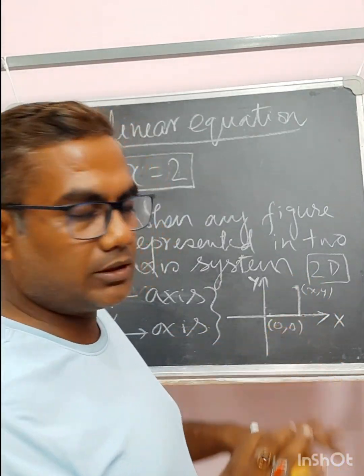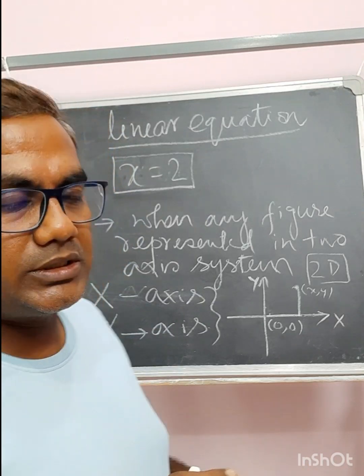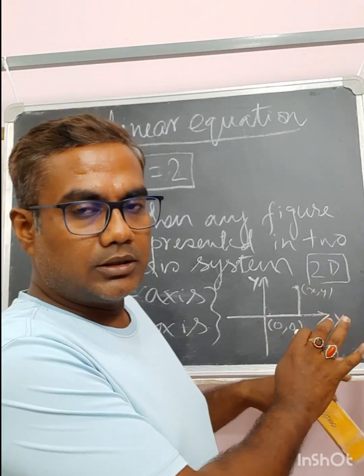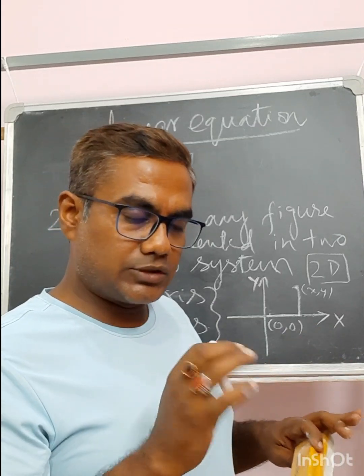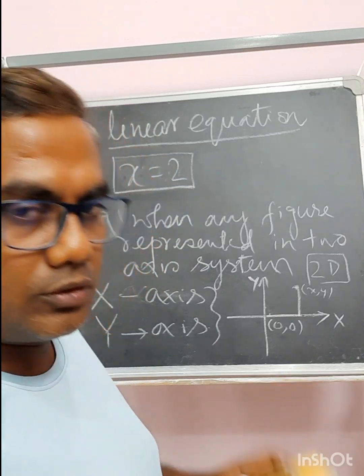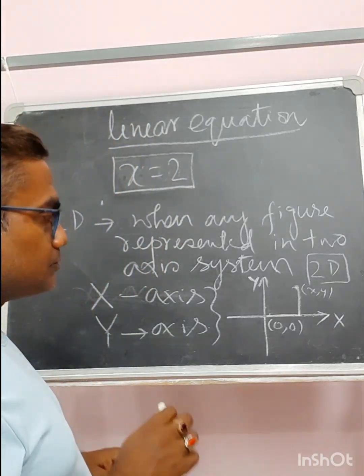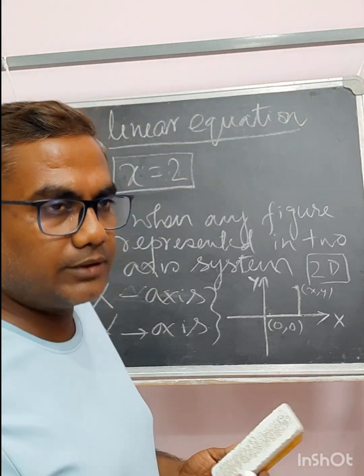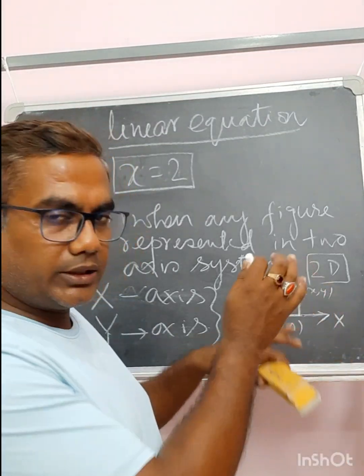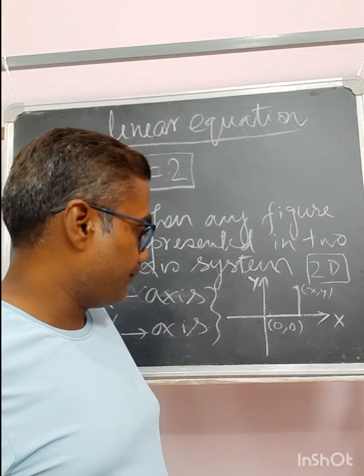So two-dimensional is only the representation of any figure in 2D, but actually it is a 3D figure. So I should know the 3D figures also, so that I can understand the complete shape of that object which I am putting in a 2D figure.